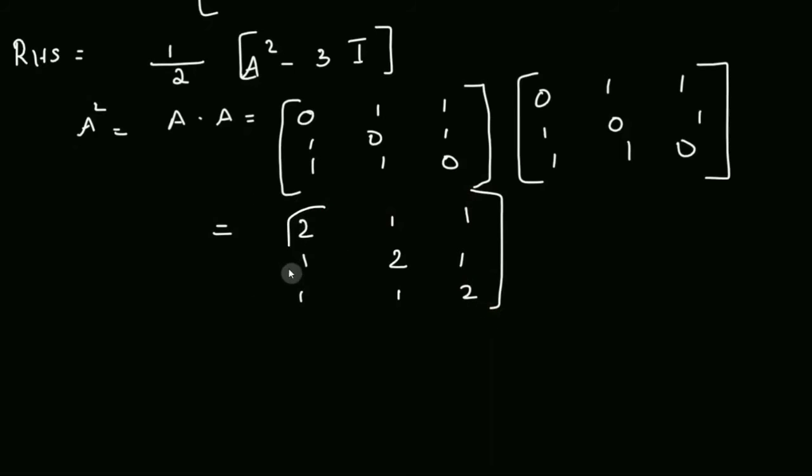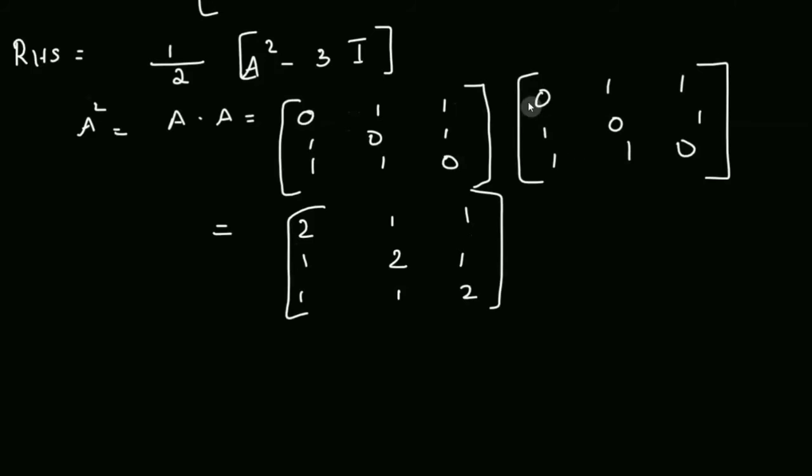How did you get this? The first row, first column: 0 into 0, 0, 1 into 1, 1 plus 1, that is 2. First row and second column: 0, 1 into 0, 0, 1 into 1, 1. First row, third column: 0, 1, 0, that is 1.